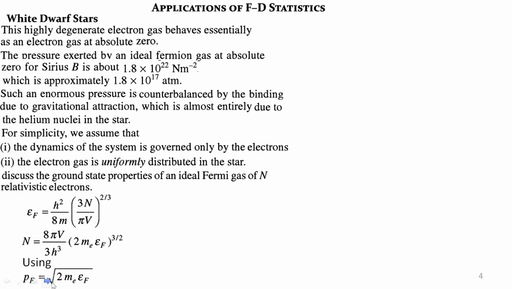This turns out to be equal to the square root of 2m E_F. If we do so, we can get the same expression for N in terms of E_F. You just put the value here, and this will be nothing but proportional to E_F cubed. From here we can estimate the value of P_F, which is equal to this. We just rearranged the terms and obtained P_F as this expression.